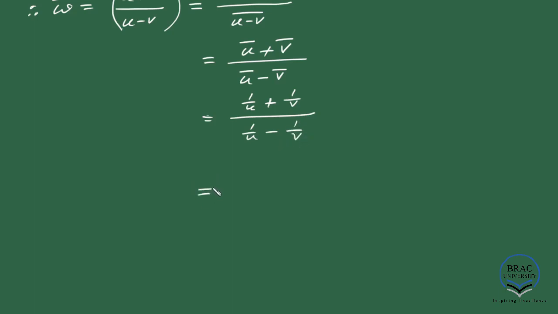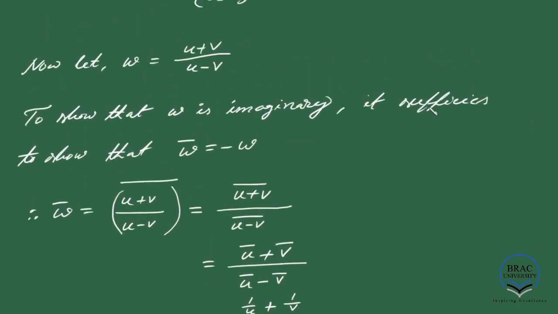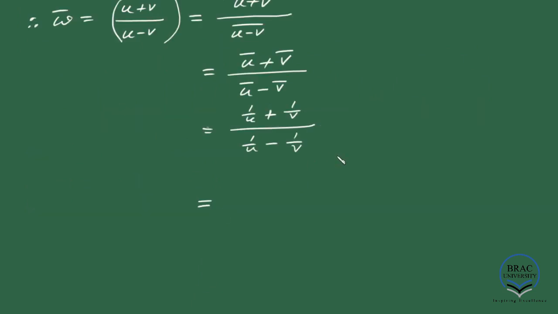But our goal is to show that the conjugate of w is equal to negative w. But I have to reach w first. And if you remember the w, in w there were no terms involving 1 over u, 1 over v. So we need to get rid of these quotient terms from here. In order to do that, we can multiply this term with u and v.